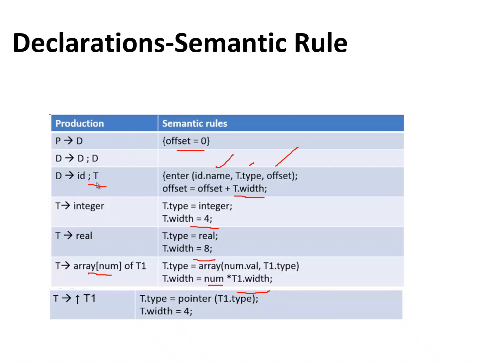Since you have n elements in your array, for each and every element t1.width will be multiplied with that number in order to get the actual t.width. This is the process happening in an array element. If you have a pointer, then t.type will be a pointer and its width value is found to be 4.